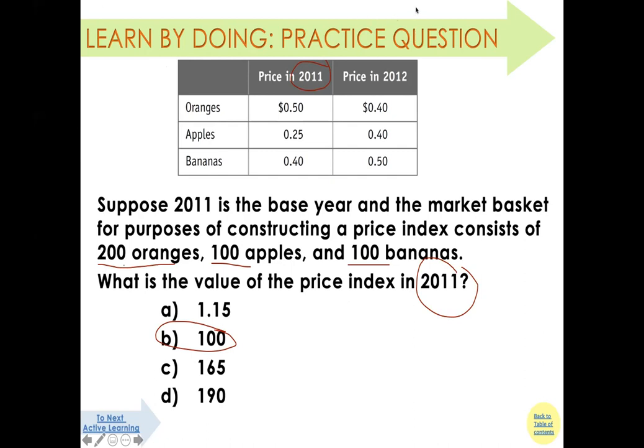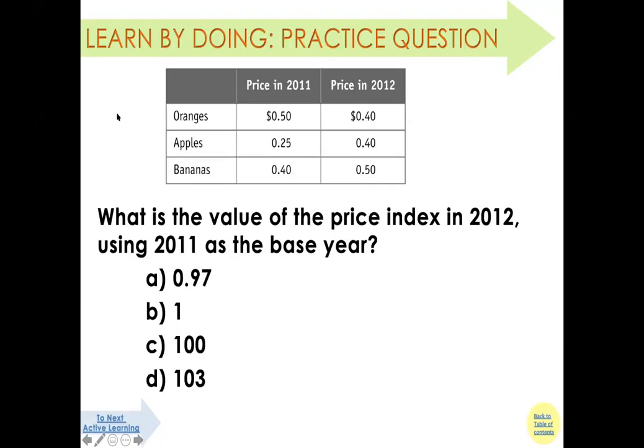Right, so now we go to the next one. The table is the same, the information is the same. Now I'll ask you what's the value of the price index in 2012. We need to find the cost of the basket.